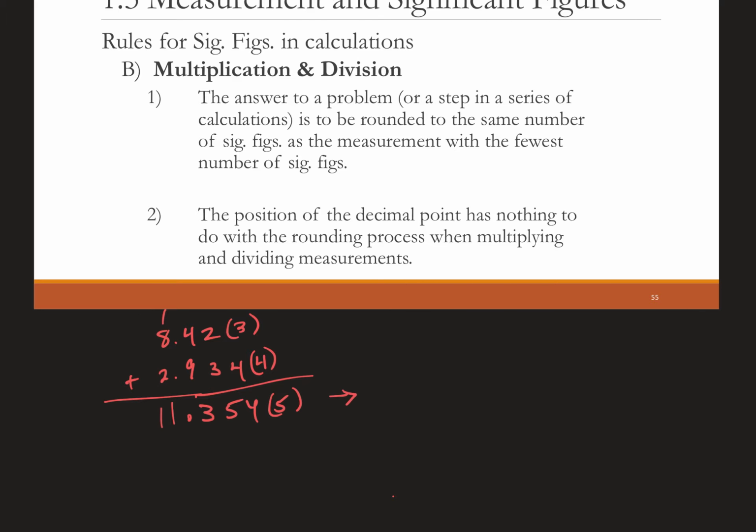Well, when we're rounding it, because we're actually using the one with the fewest decimal places, which is 8.42 having 2 decimal places, so really this should be 2 and 3, while this has 3, we need to round it to 2. So this 4 rounds down, so it becomes 11.35. This now has 4 significant figures or 2 decimal places, which matches the 8.42.